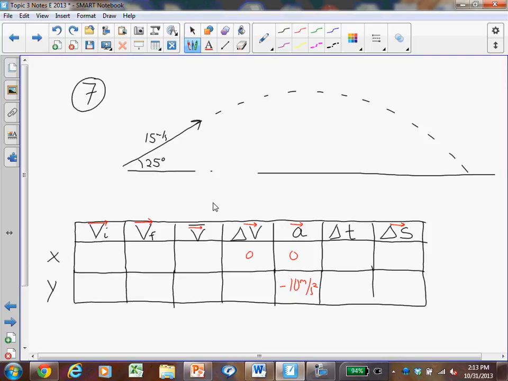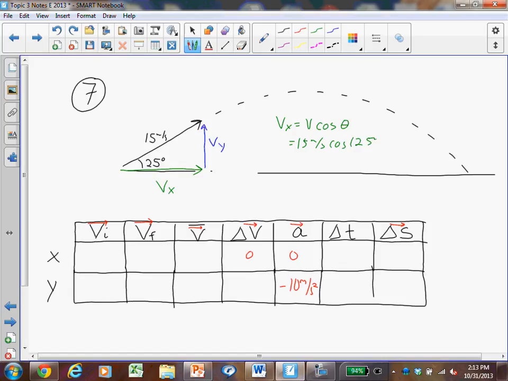Let's find this Vx and this Vy. Okay? Well, Vx is V cos theta, 15 meters per second, cosine of 25 degrees.